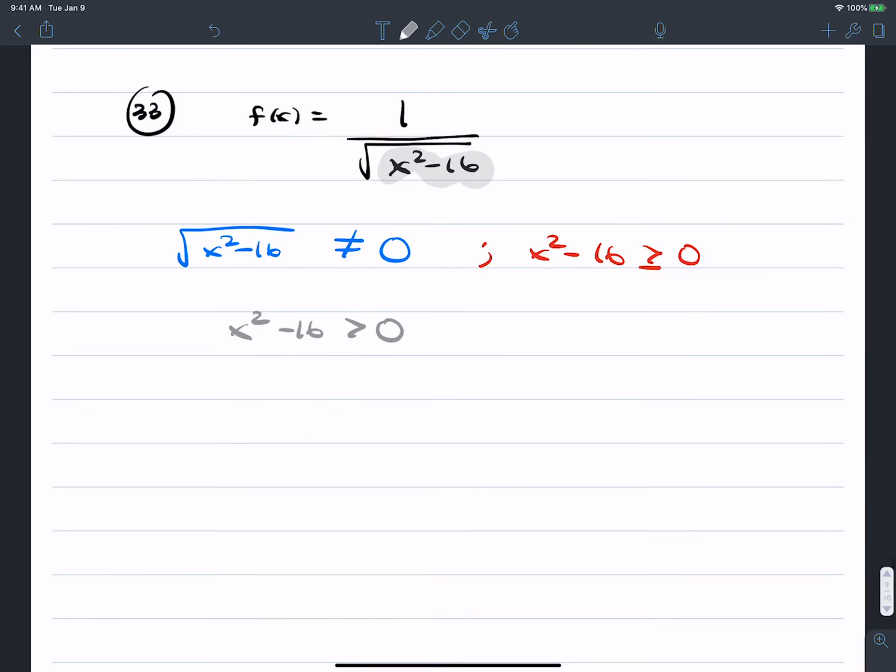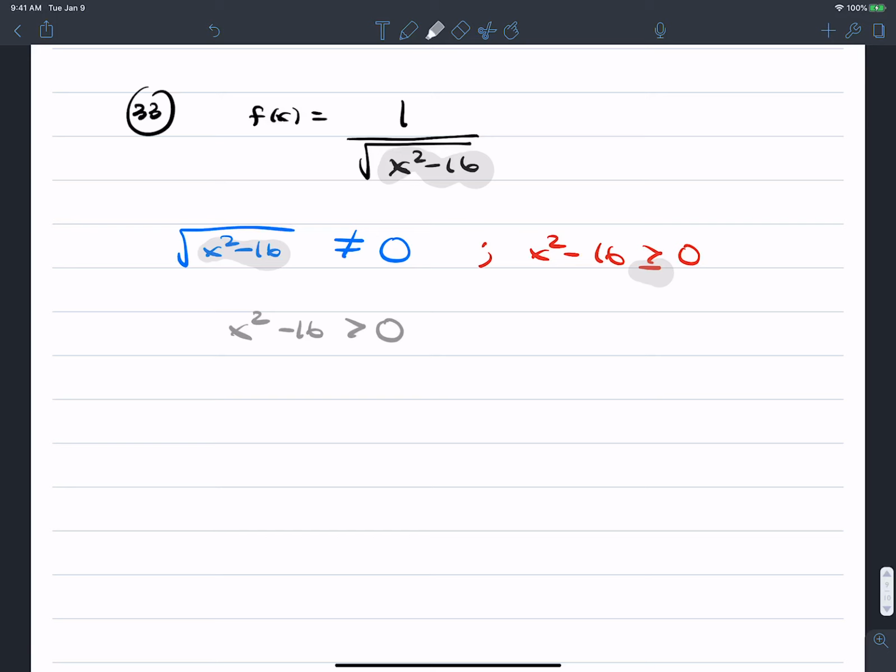What that means is it has to be strictly positive, because when you take the square root of a positive, you get a positive, but it's not 0 and it's not negative. Positive numbers are neither. So this radical has to be positive. You have to throw out where it equals 0, because you can't have the radical equal to 0, which means you can't have what's under the radical equal to 0.